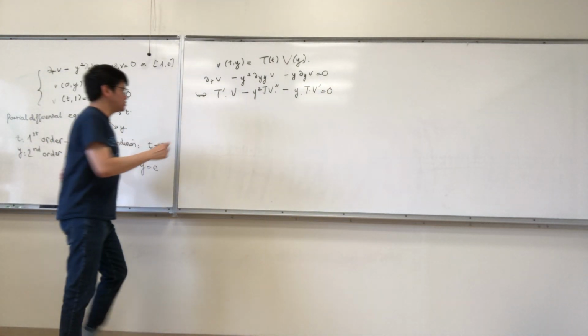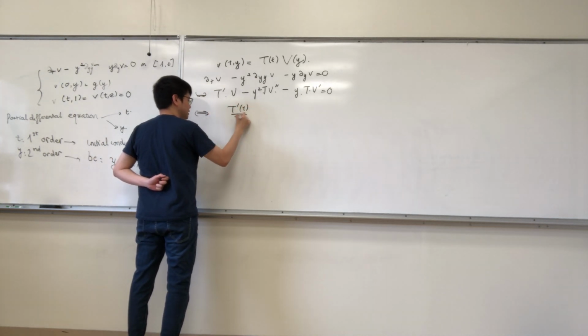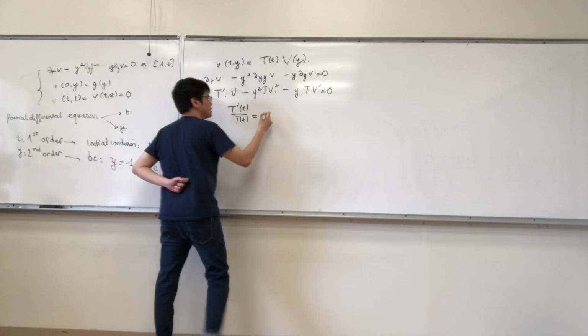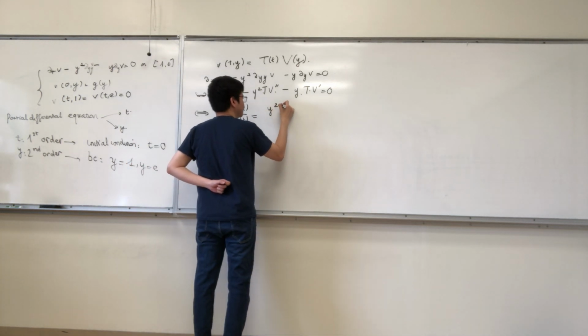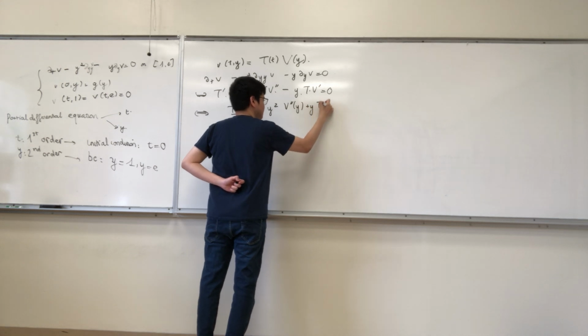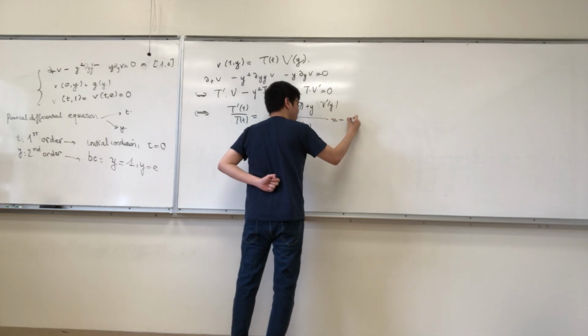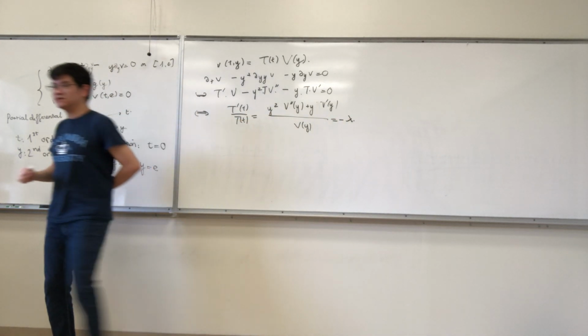After rearranging the terms, you arrive at t prime over t is y squared V second plus y V prime over V, and you arrive at an eigenvalue problem.